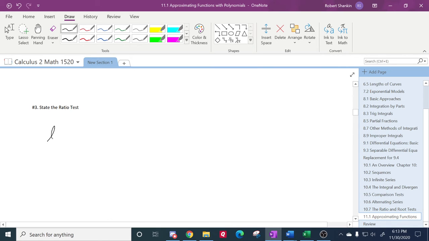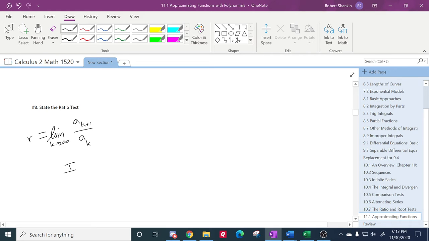This is the limit as k goes to infinity of a sub k plus 1 over a sub k, the next term divided by the current term. When you divide this, you're kind of getting that common ratio in a geometric series. If it was really a geometric series, you'd get that common ratio right here, and we call it the same letter, r.